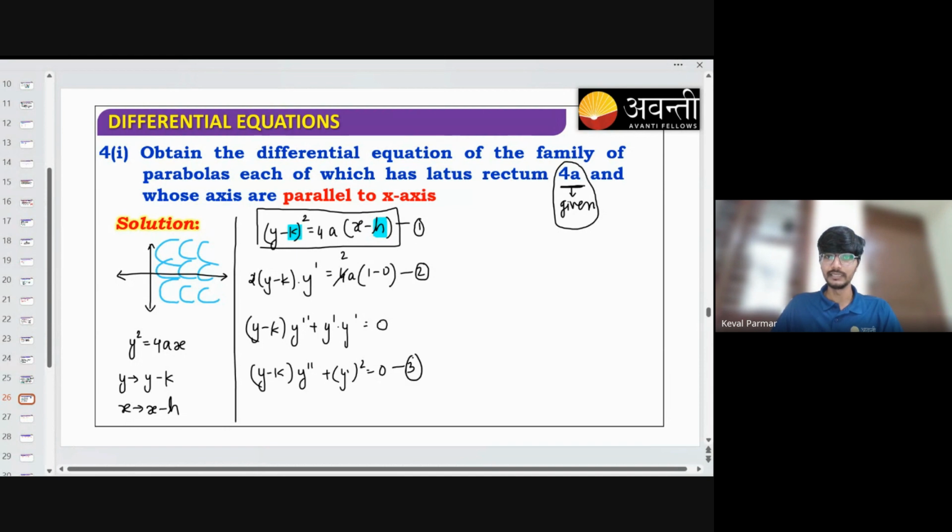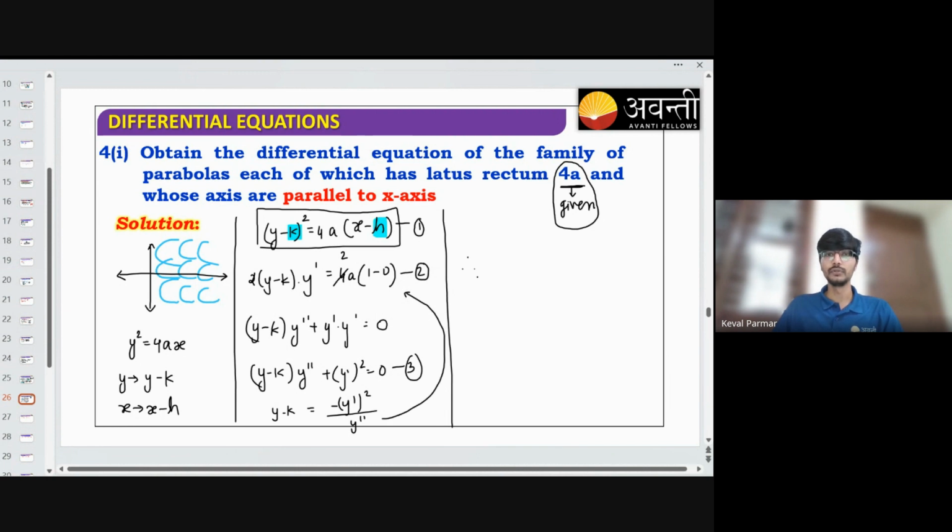Equation number 3. Let us check how well we are in solving simultaneous equations. Same thing. We'll use y minus k here. From here, y minus k will be equal to minus y dash square upon y double dash, and we'll substitute this value in equation number 2.